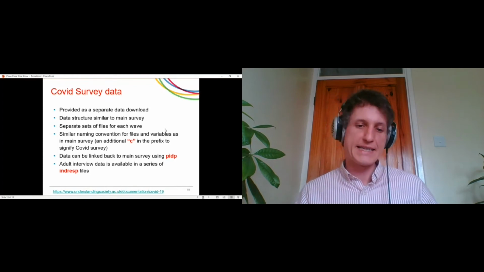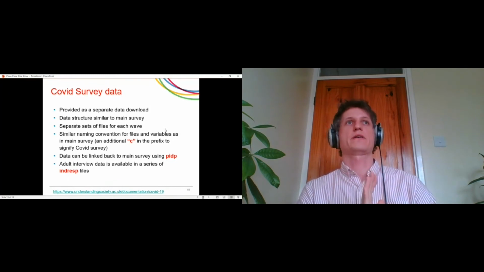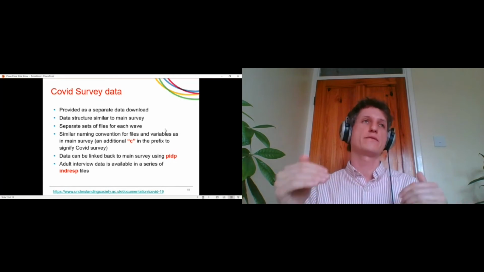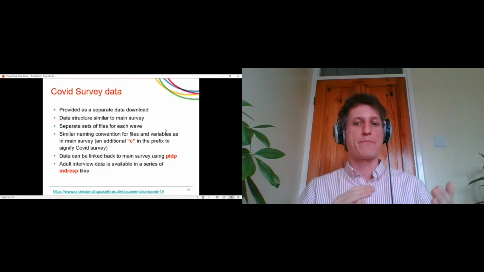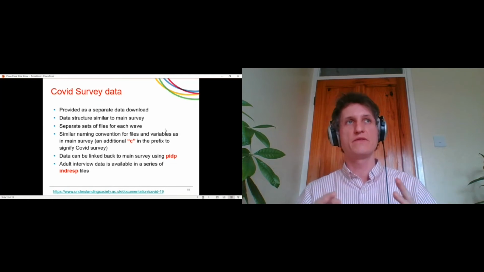And most importantly, the data with the information from this separate questionnaire can be linked to all the information we have from the main survey, because we have a PIDP variable, which is a unique individual identifier.